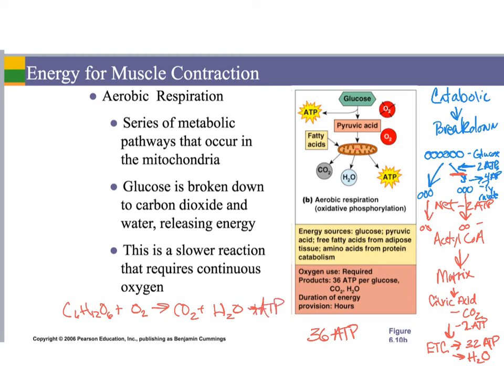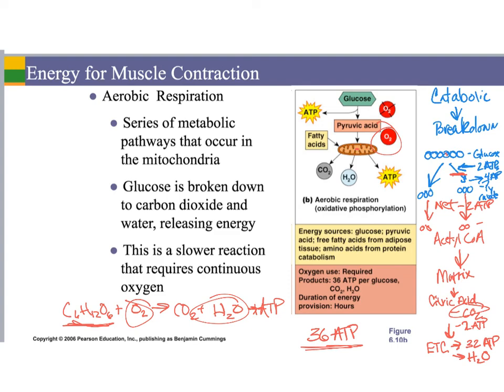Make ATP. So here's our starting glucose, our 6-carbon glucose, and our oxygen. We need oxygen in order for this to occur, right? But in the citric acid cycle, we produce the CO2. And in the electron transport chain, we produce the H2O. And in the process, produce 36 ATPs. So this is a slower reaction because of all the different steps it has to go through.